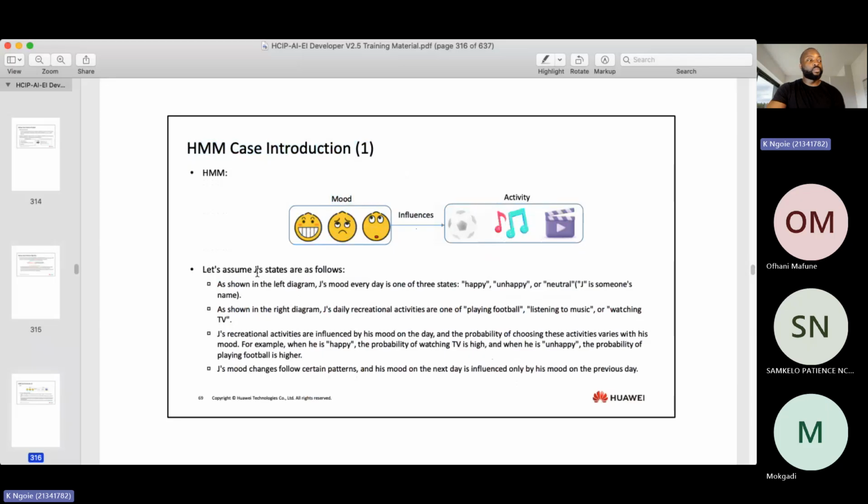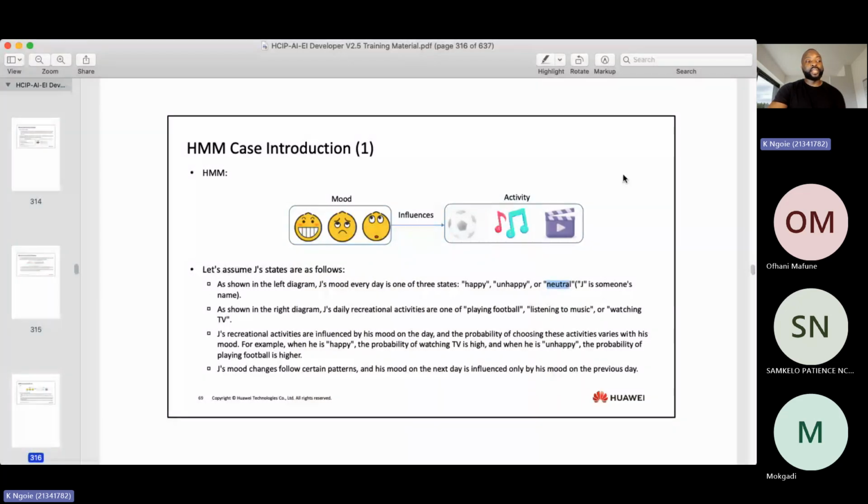So let's assume J's states are as follows. As shown in the left diagram, J's mood every day is in one of three states: either happy, unhappy, or neutral. J is someone's name, obviously.